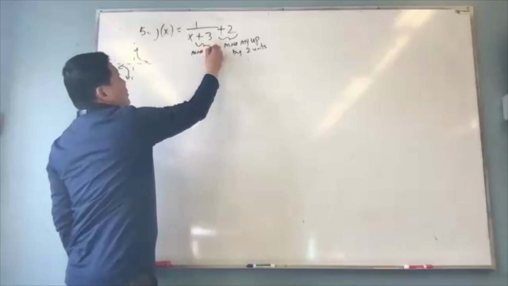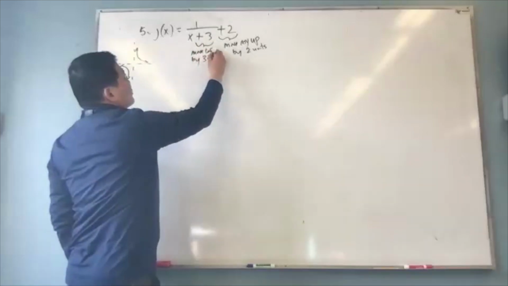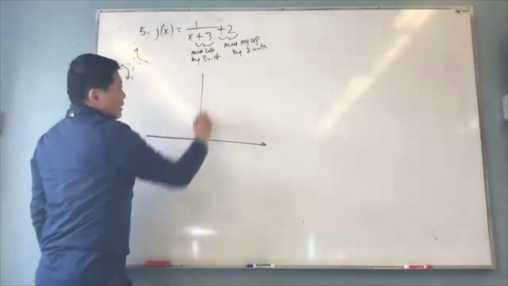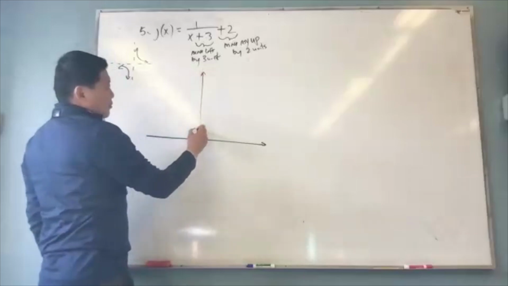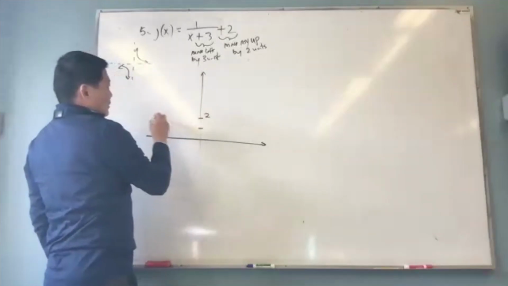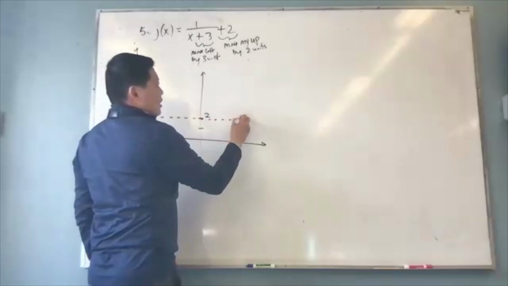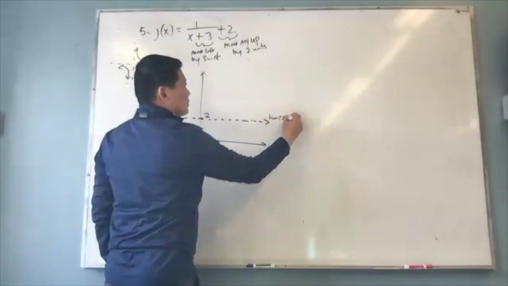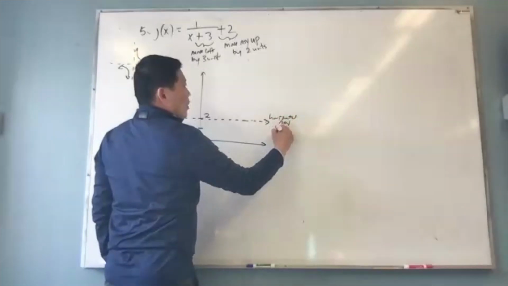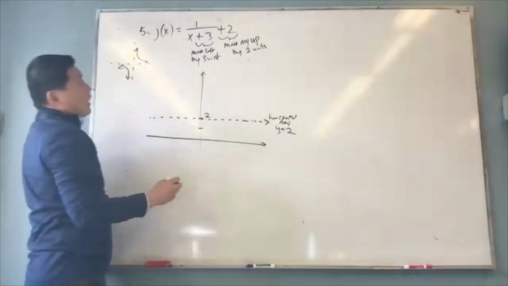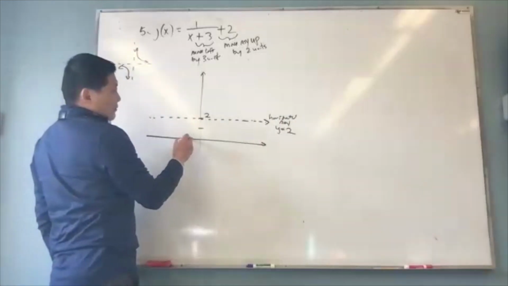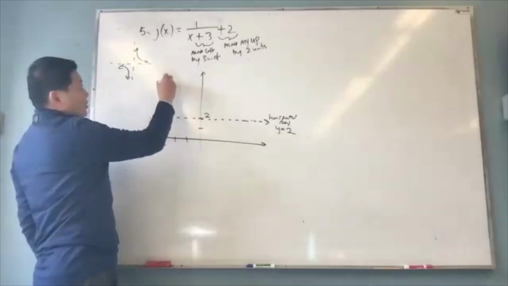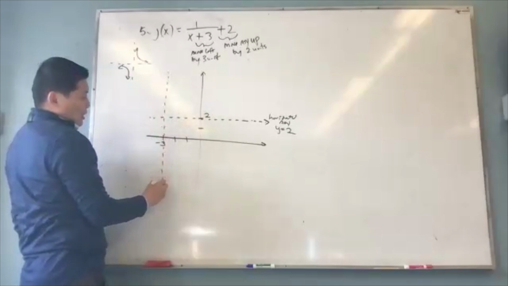Move left by 3 units. So you can quickly sketch this by identifying the asymptotes. There's a horizontal asymptote at y equal to 2, and the vertical asymptote will be going to the left, which is 1, 2, 3 to the -3.